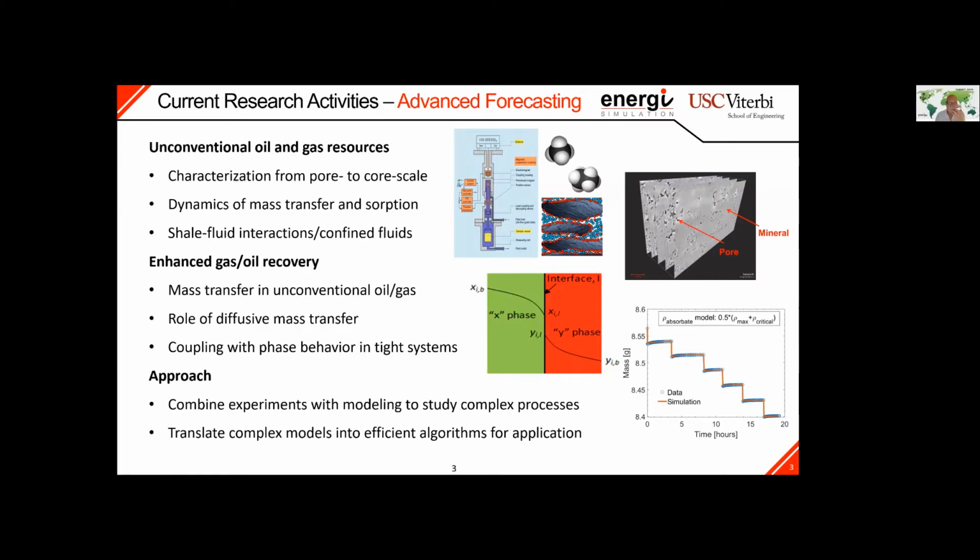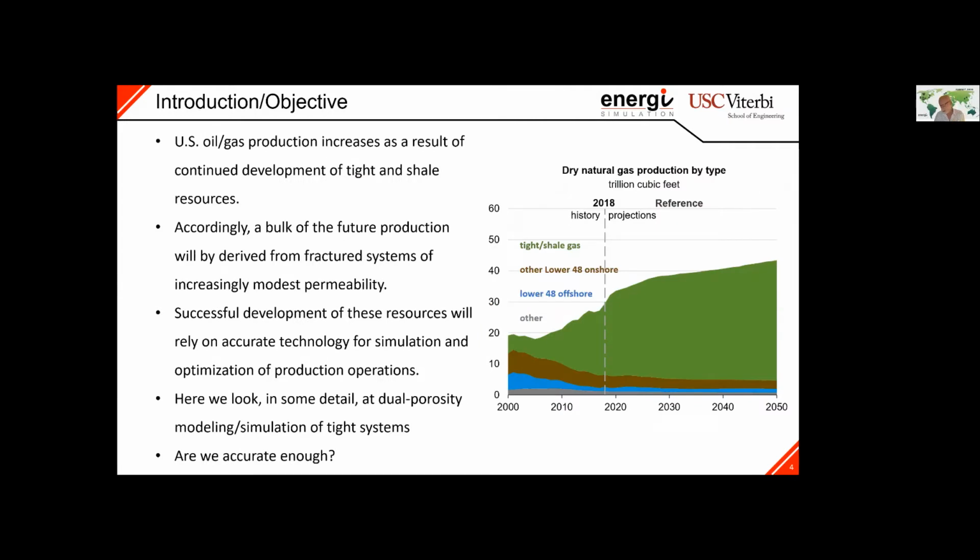Now, today I'm going to zoom in and talk a little bit about transfer functions in dual porosity systems. The background and objective here is based on the observation that the sustained increase in production of oil and gas in the US, for sure, is hinged on the continued development of tight oil and gas resources.